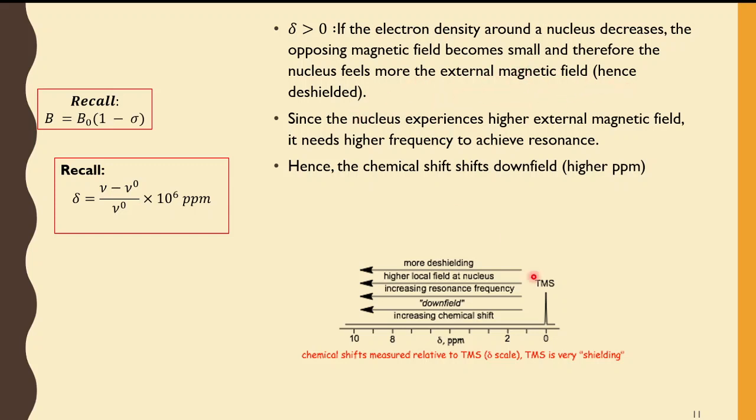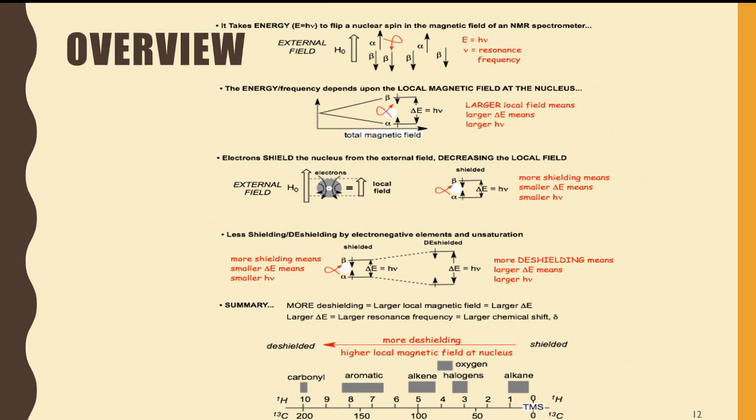And so you have this deshielded. When it's deshielded, you will have a higher chemical shift, higher ppm. It's moving this way, the TMS is at 0 here, and so this is where you have your nucleus or nuclei being deshielded, because the electron density decreases. Okay, I like this because this is really an overview.